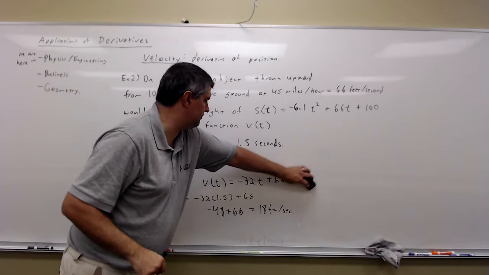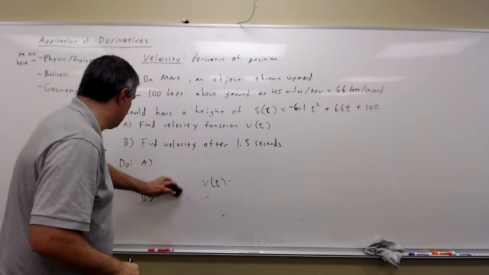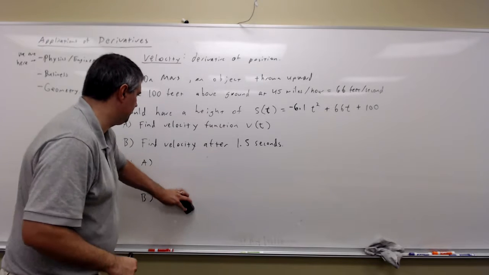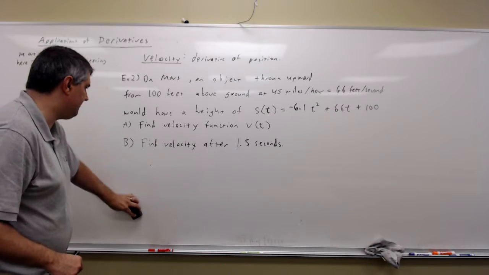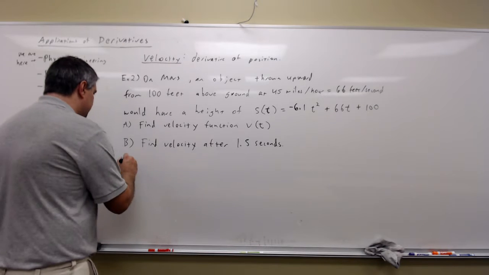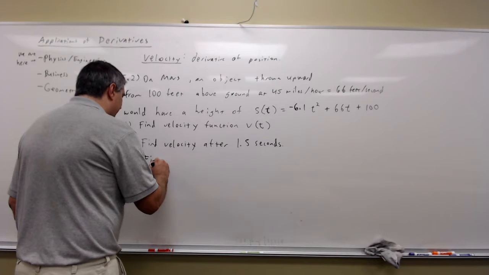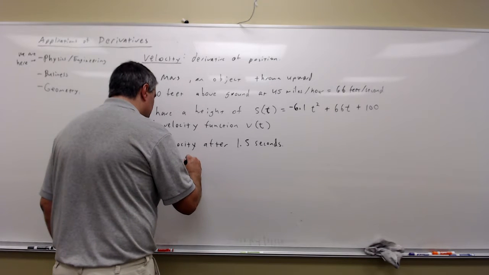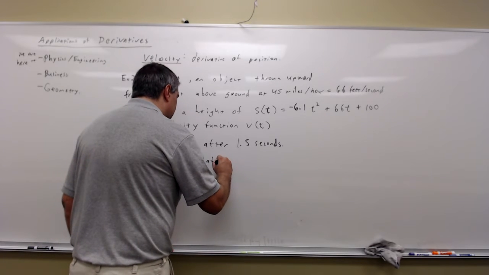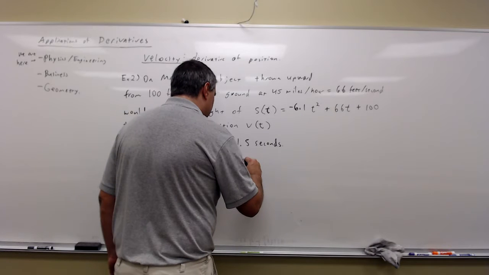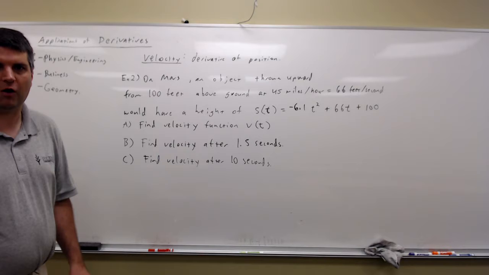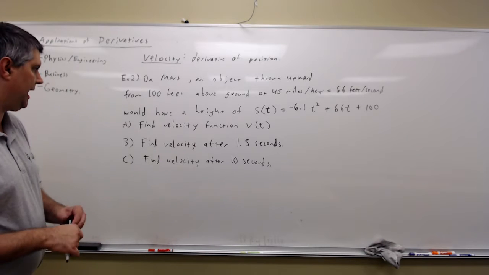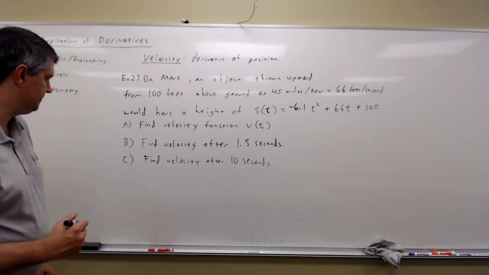So, A, find the velocity function v of t. B, find the velocity after 1.5 seconds. C, find the velocity after 10 seconds. Okay, on Earth it would have already hit the ground. On Mars it would still be in the air.